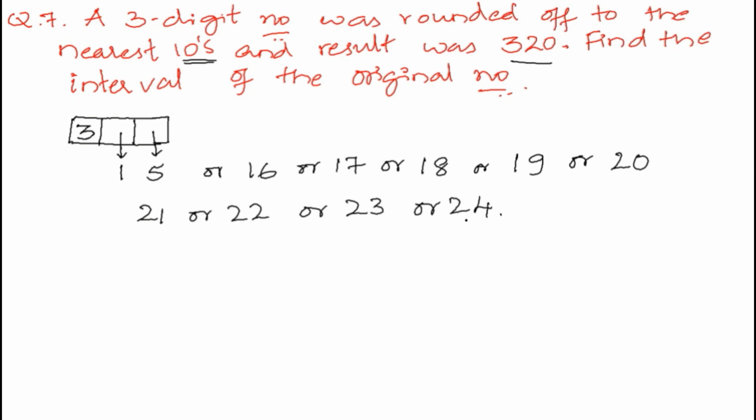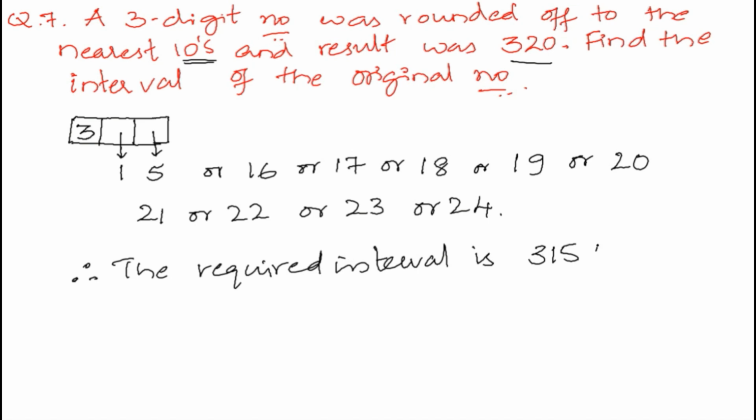Can I take 25? No. The reason is, after rounding it becomes 330. So the required interval is 315 to 324. Now you must have understood how to consider the interval.